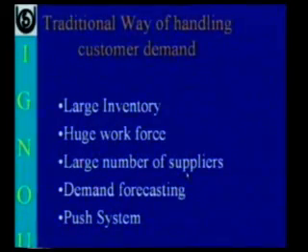Then a large number of suppliers: the logic is that they can allocate a small quantity to each supplier, and if some supplier is not giving the right quality, they switch over to the next supplier. Then demand forecasting: whatever the forecasted demand is, that will be produced. Then they believe in the push system: they make the product, put it in the market, and the customer has to buy it.